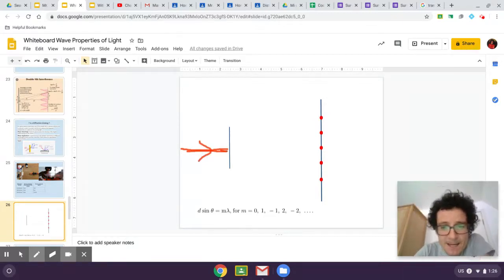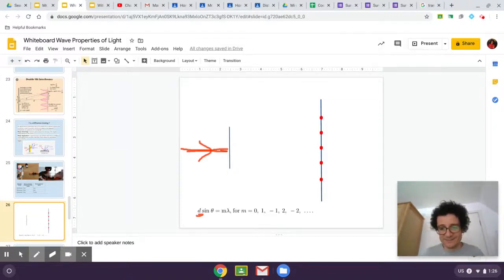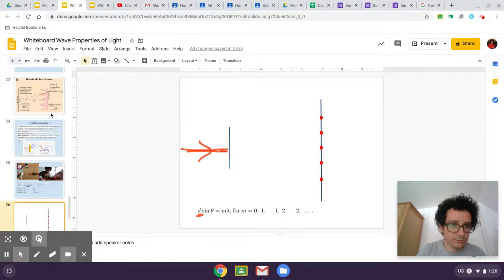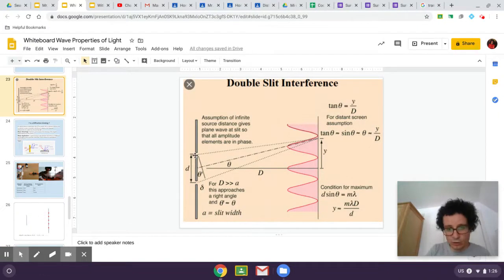So first, d is the distance between the little holes, the little apertures, that we have in this grating. If you see it here, this is a two slit. We have just two slits, and it's the distance between them.